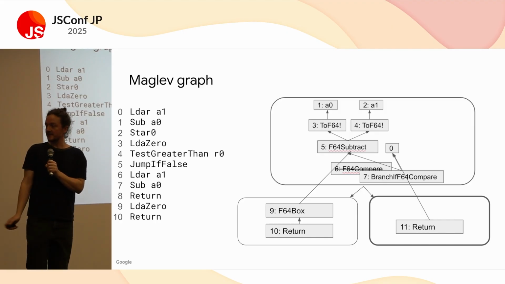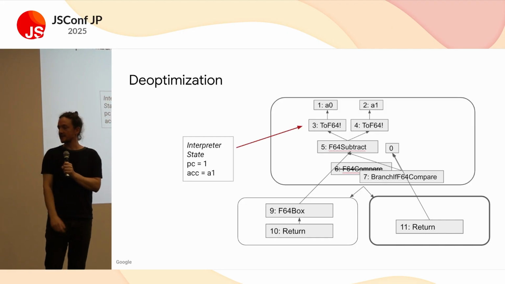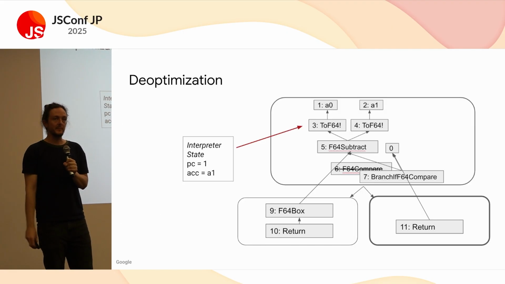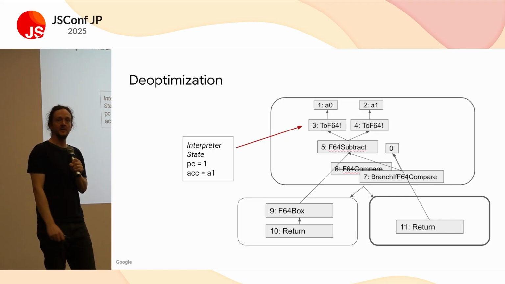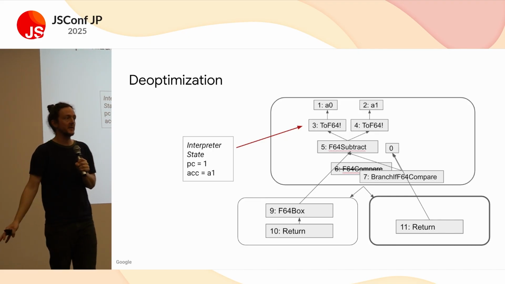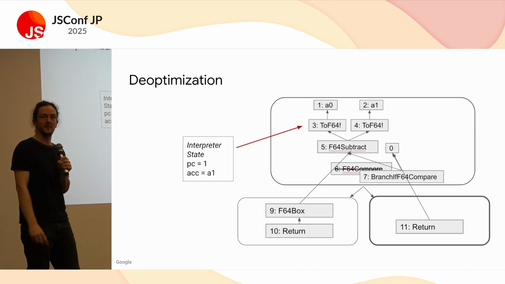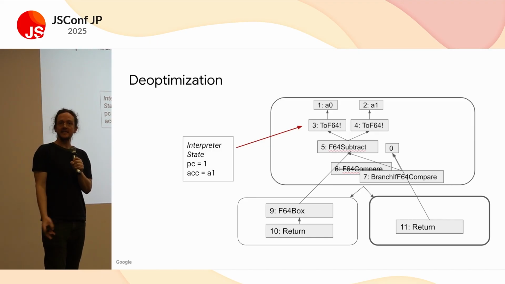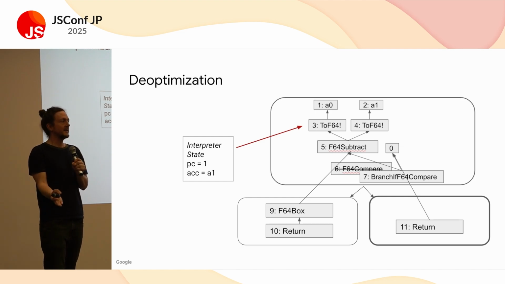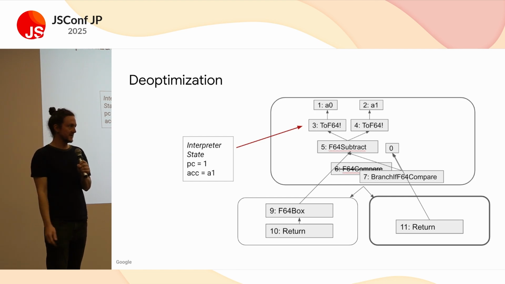The other thing that is actually more interesting here is that we made a speculation. This code doesn't support any object anymore. It actually speculates that both of your arguments are float64. And this is something that we maybe have seen in the type feedback. We have seen, okay, the arguments that you pass to these functions are only numbers.